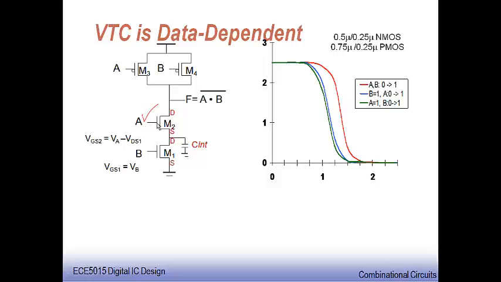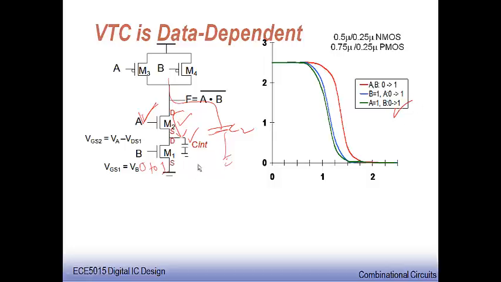A was 1 and remains at 1, and B happens to be going from 0 to 1. In such a case, with this transistor already on, when this CL was charged, we would have had even this to have been charged because this short here is there and CNT will be charging too.